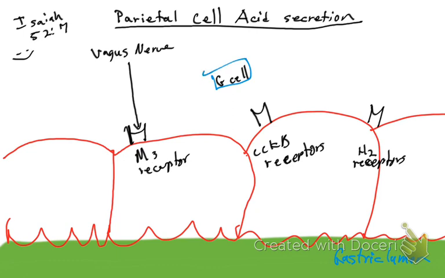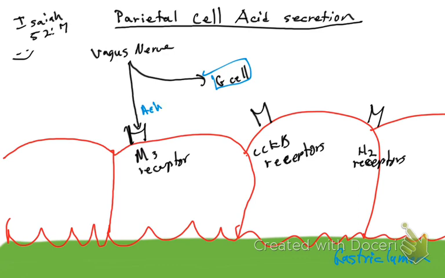The vagus nerve can go to the G cell and can go to the M3 receptors directly. So when it goes to the M3 receptors, what is going to enter through the M3 receptors? It's going to be ACh, acetylcholine.